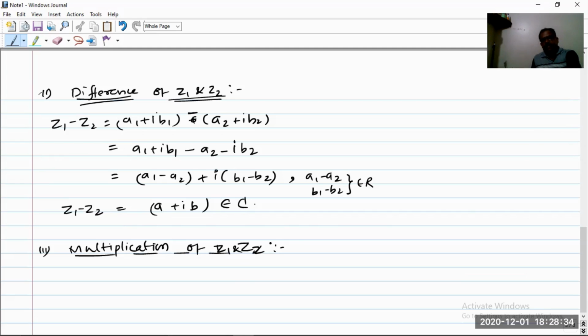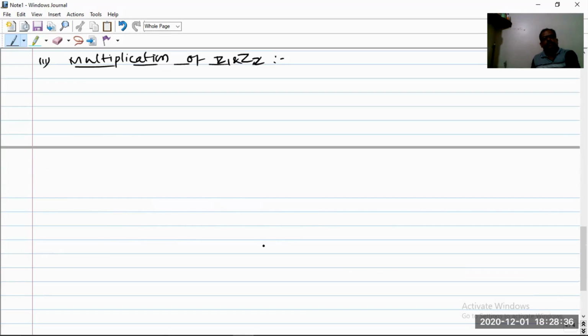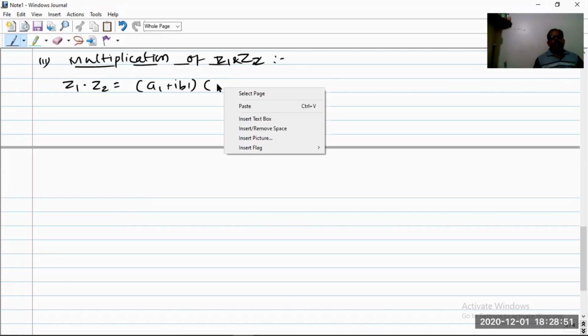Again consider Z1 and Z2 as two complex numbers, defined by A1 plus iB1 and A2 plus iB2. So here I have Z1 into Z2 equal to A1 plus iB1 times A2 plus iB2. Here it is a product of two binomials. We can treat it as a product of two binomials.